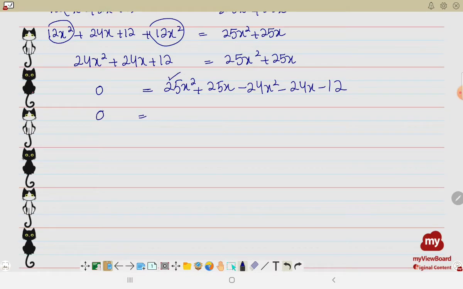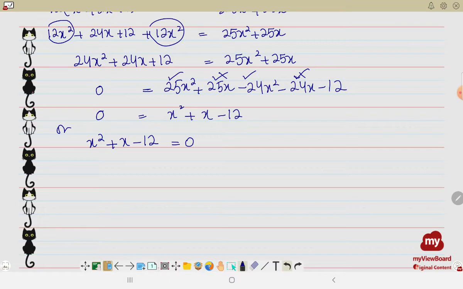So the x squared terms become x squared, and the x terms become plus x, and minus 12. So it can be written as x squared plus x minus 12 equals 0.